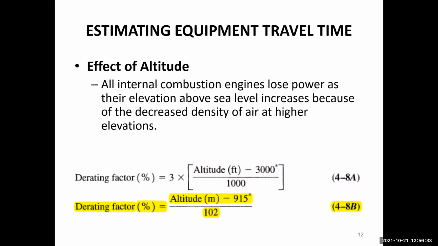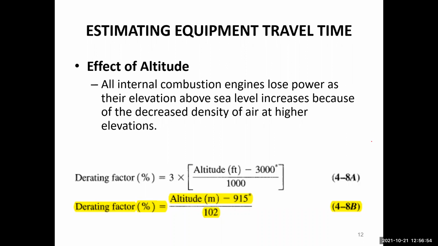In estimating equipment travel time, first of all, the effect of altitude. Internal combustion engines lose power as their elevation above sea level increases because of the decreased density of air at higher elevations.